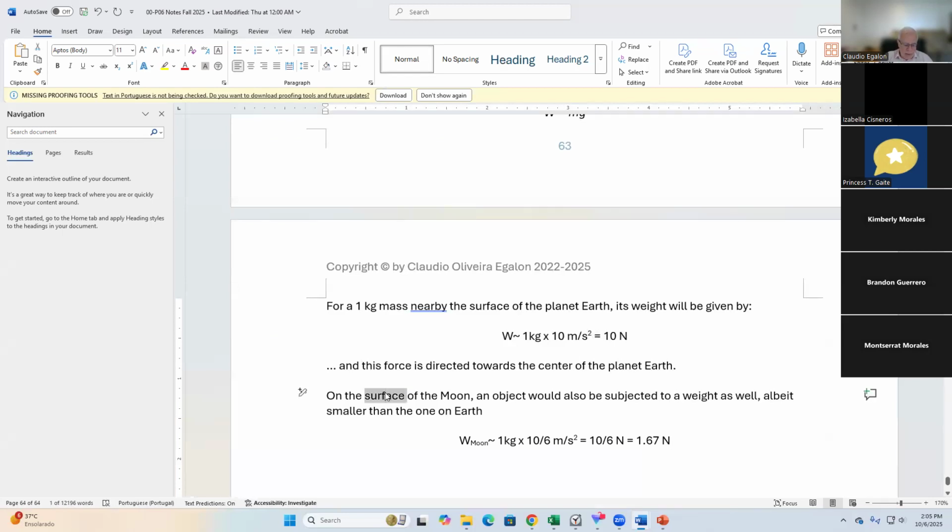On the surface, let me emphasize that. And then the other planets and the sun also exert a force on objects nearby them.